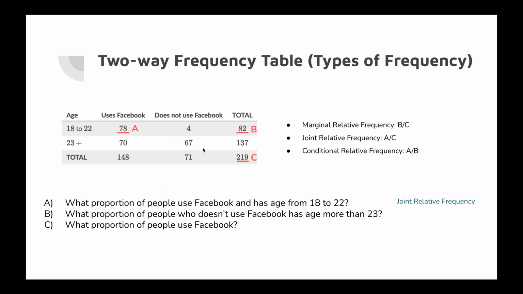Since this is a specific number divided by the partial sum, the type of frequency should be conditional relative frequency.